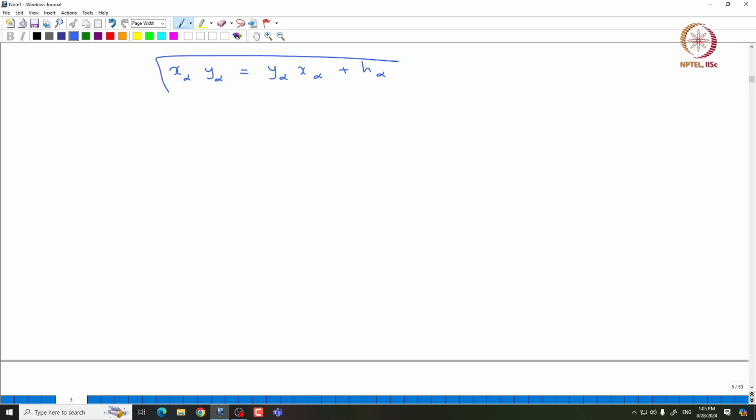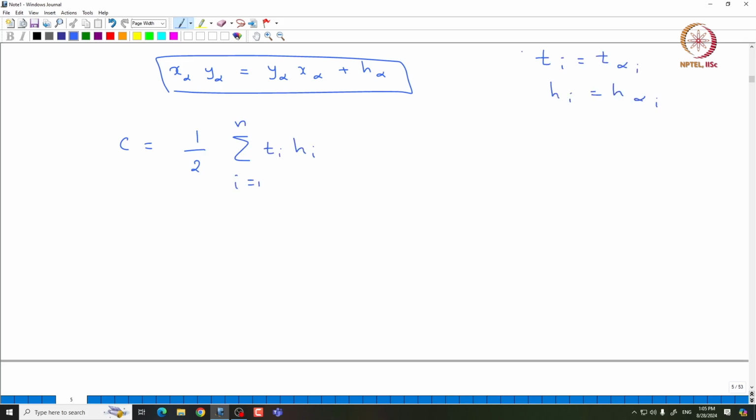Since this relation is true, the Casimir element is nothing but ϰ times the summation of t_i h_i, i ranging from 1 to n. Note that t_i is nothing but t_αi and h_i is nothing but h_αi. These are already used previously.